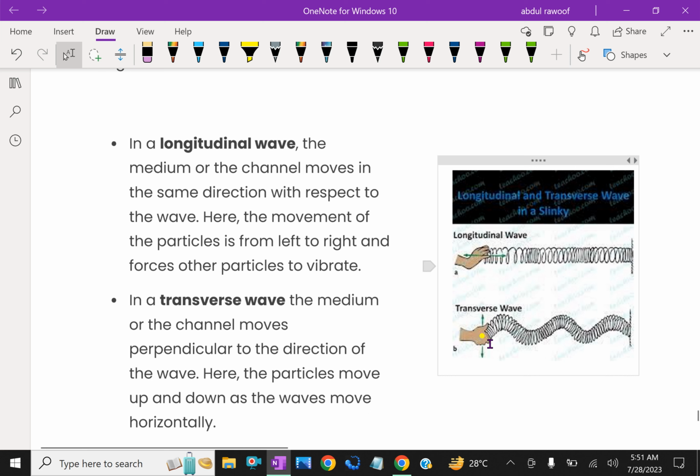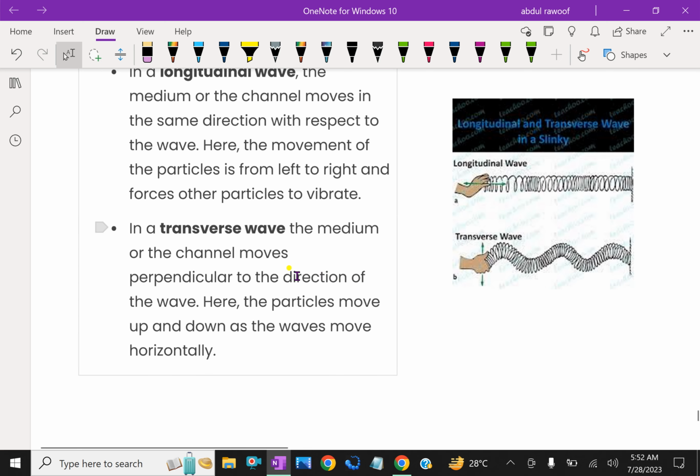If you make the movement up and down, it forms a transverse wave. In a longitudinal wave, the medium moves in the same direction as the wave. Here, the movement of a particle is from left to right and forces other particles to vibrate, and the wave travels like this.